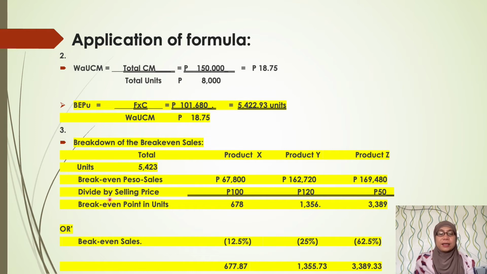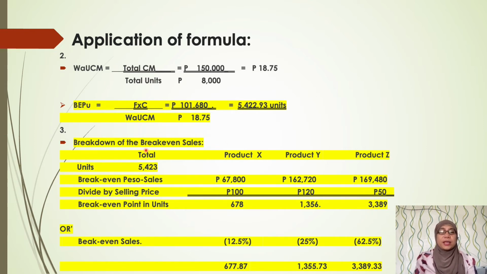So, i-divide natin yan by their individual selling price. So, ito na yon. Divide, yung product X is 100, yung product Y is 120, yung product G is 50. So, we will get break-even points in units. Each product is, for X is 678, per product Y is 1,356, and per product G is 3,389 units.